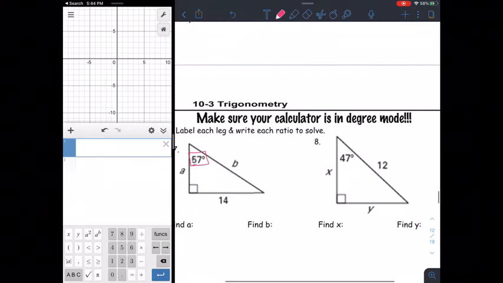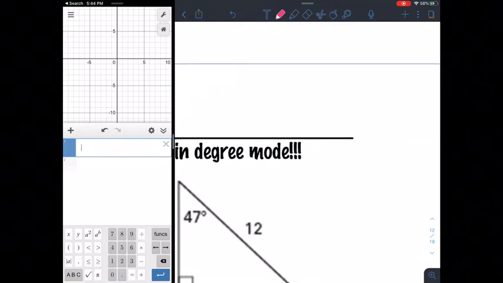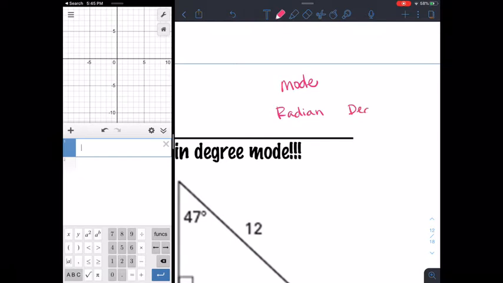If you've got your TI calculator at home, you want to make sure that your calculator is in degree mode. So to get there, you will go to mode, and a few rows down, you have the option for radian and degree.